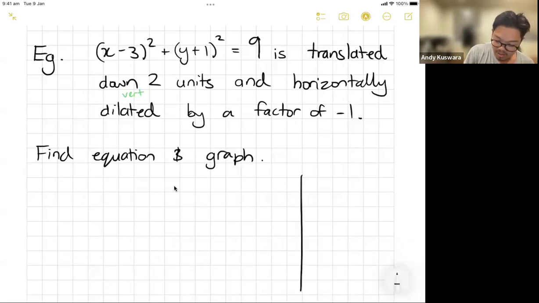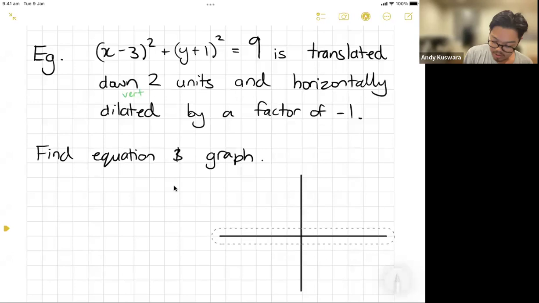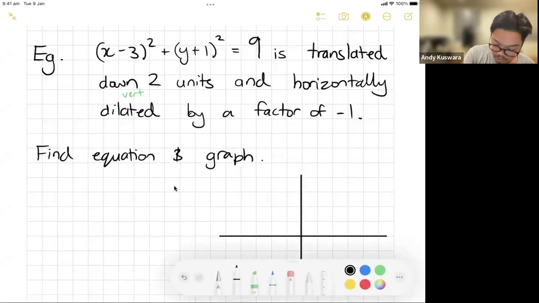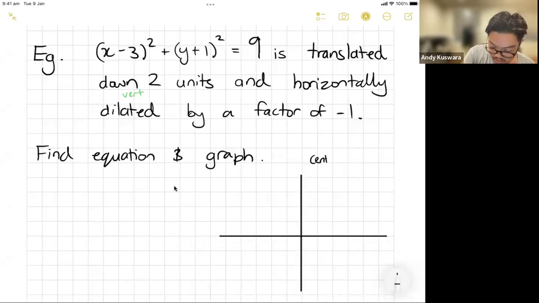So let's see what we can do here. First of all, this is a circle. We can recognize it with the 2 squares. Now we also know that our center, which is (h, k), is in this particular case going to be (3, -1). That's going to be the center of our circle.